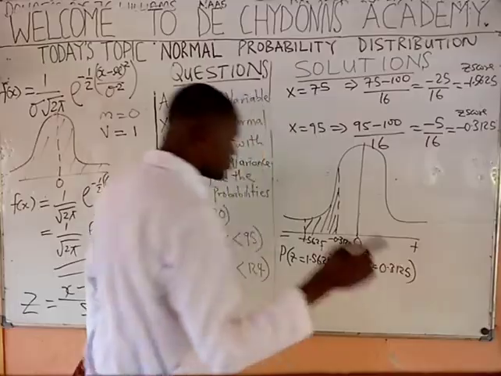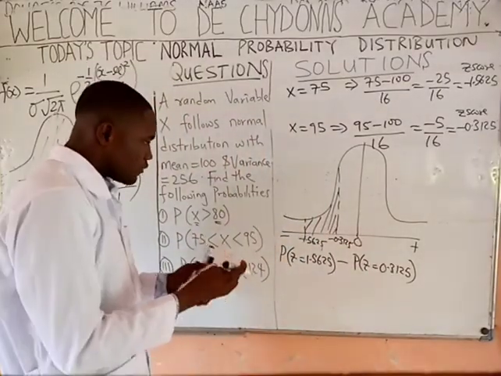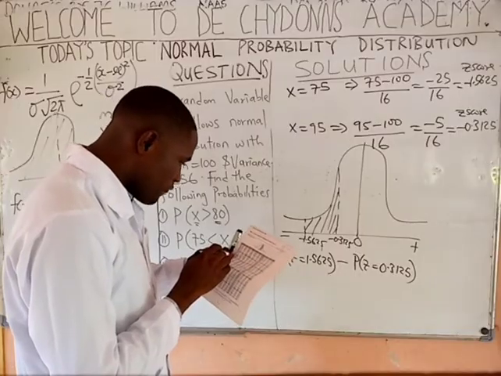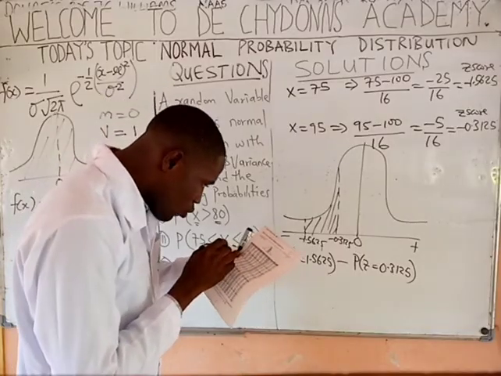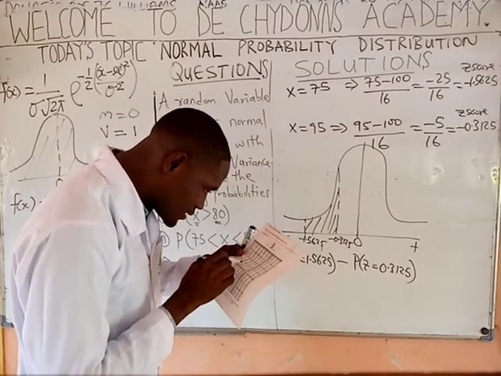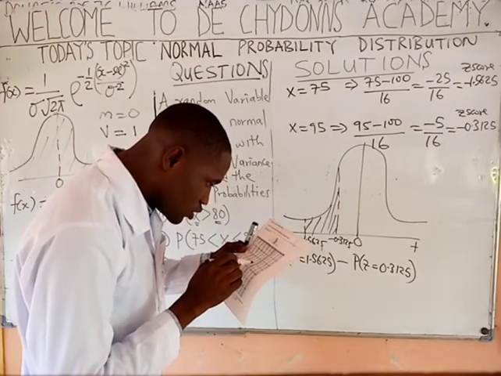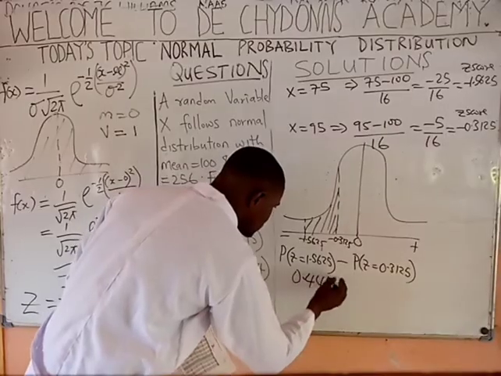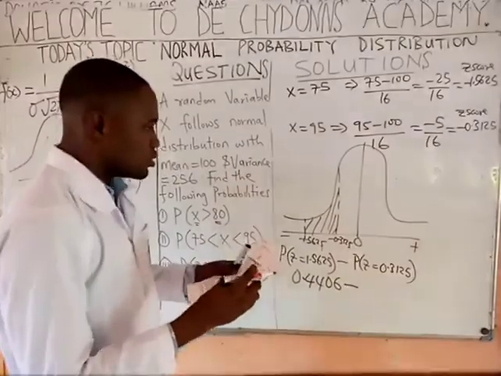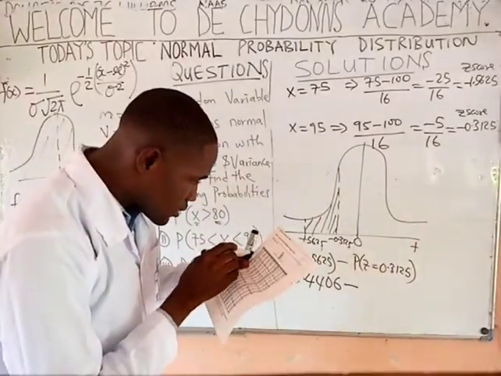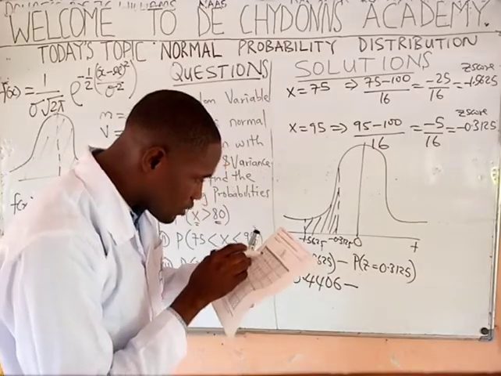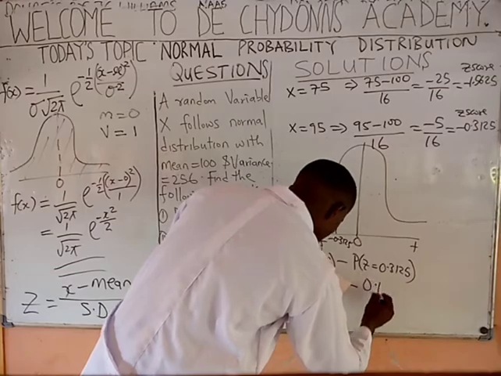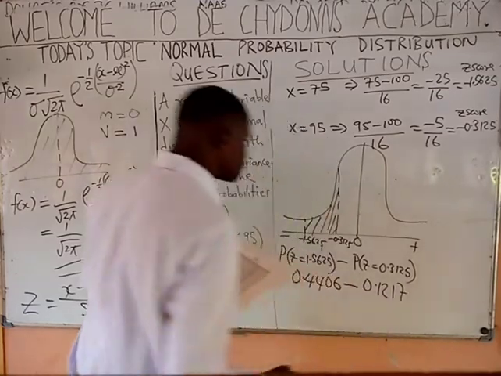That will surely give you, go to your normal table and get 1.5 under 6. That will be giving you 0.4406, minus 0.3 under 1. That will be giving you 0.1217.